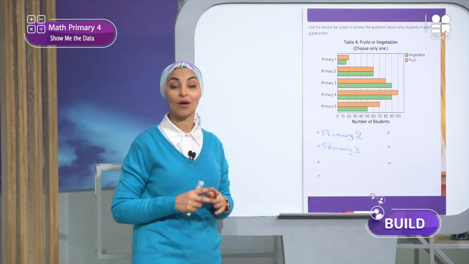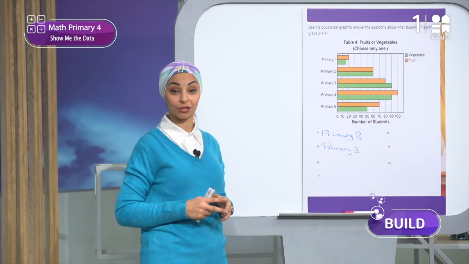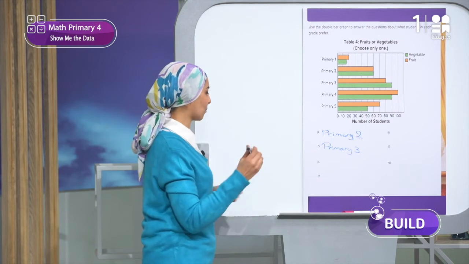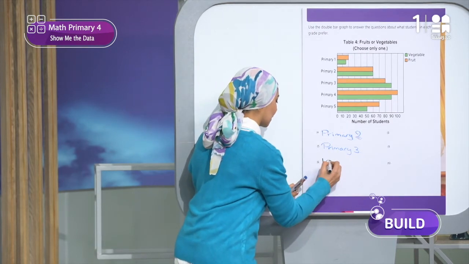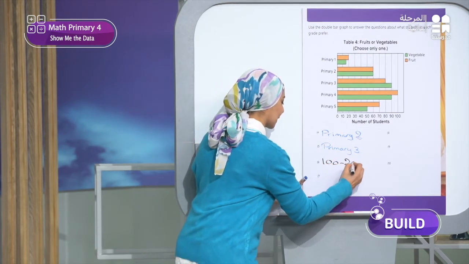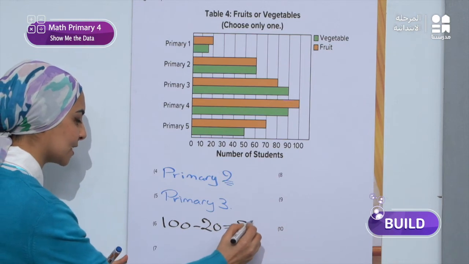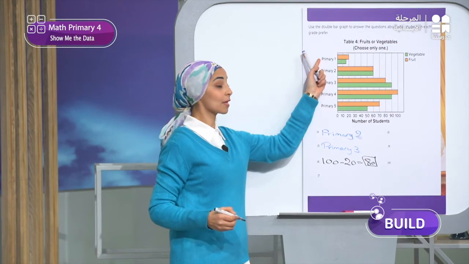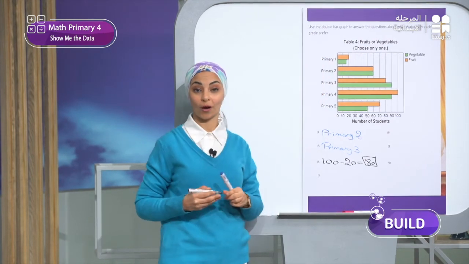What will I do? I need to do subtraction: 100 minus 20. So the answer is 80 more students like fruits in primary 4 than in primary 1.